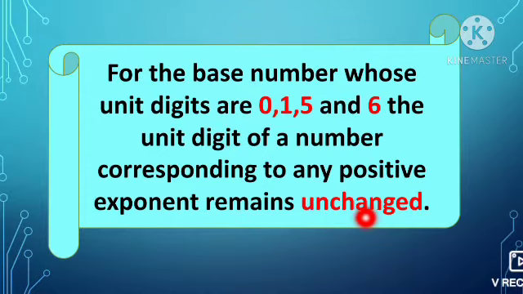That is, we get the unit digit as the same numbers. For 0, we get the unit digit as 0. If the base ends with 1, we get the unit digit as 1. If the base ends with 5, we get the unit digit as 5. And also if the base ends with 6, the expansion has the unit digit 6.